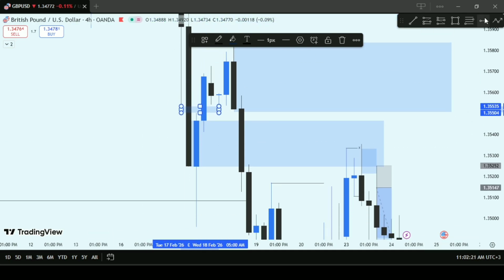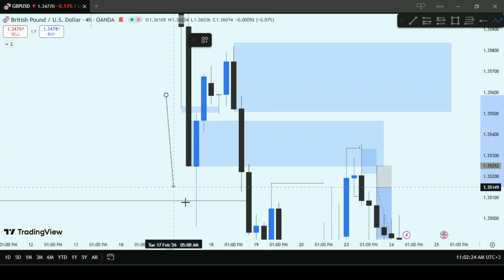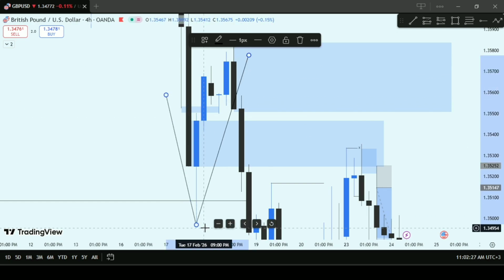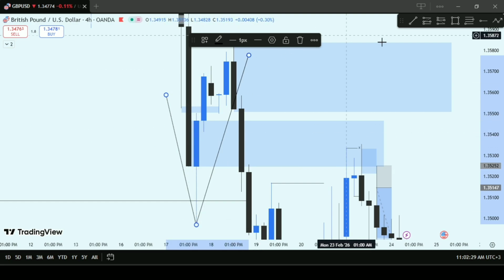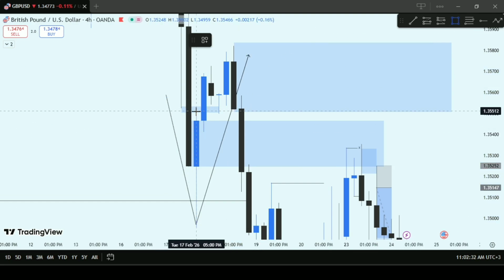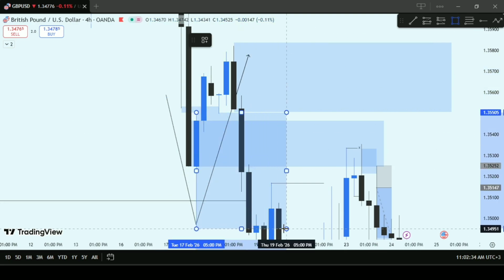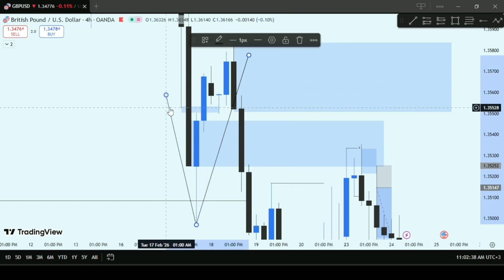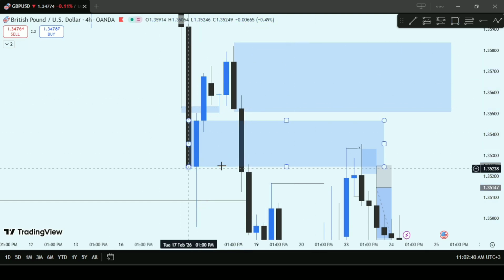So it should make this V shape, and this wick must be made by this candle, the breaker block. You get? I hope you get that. So this is the breaker block.